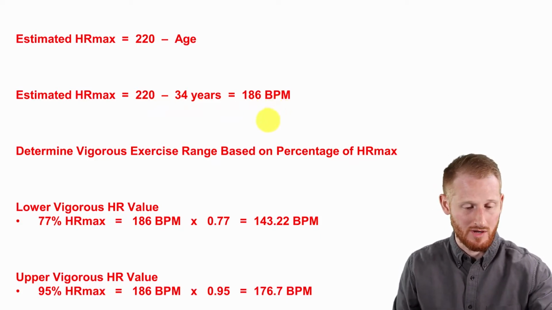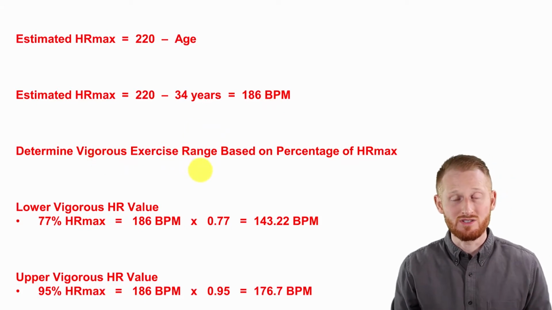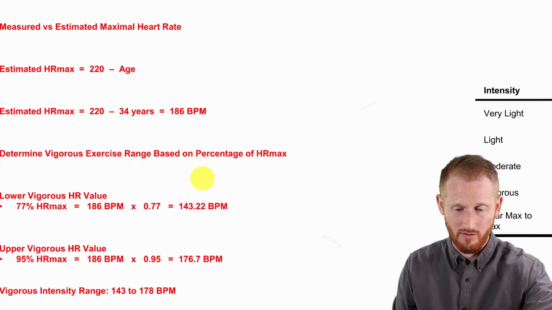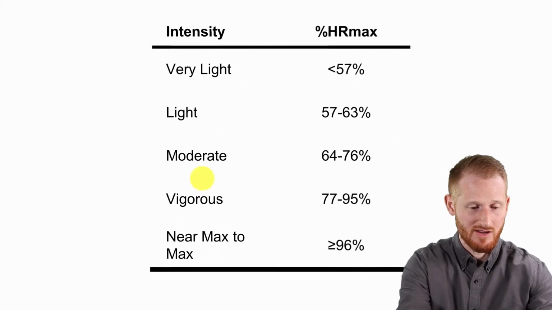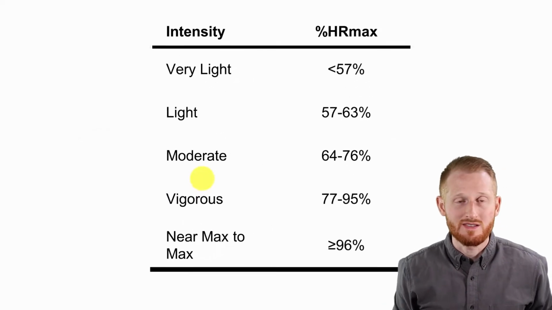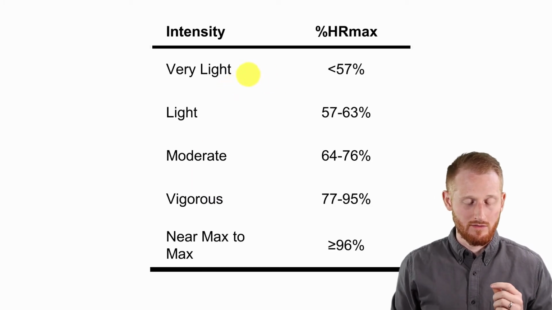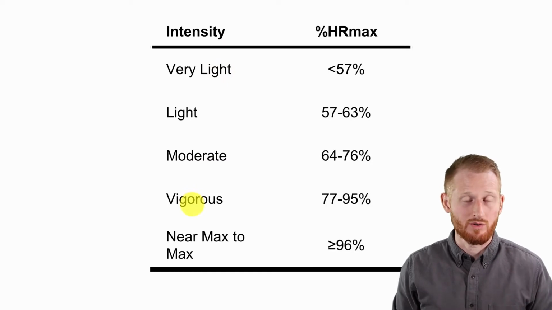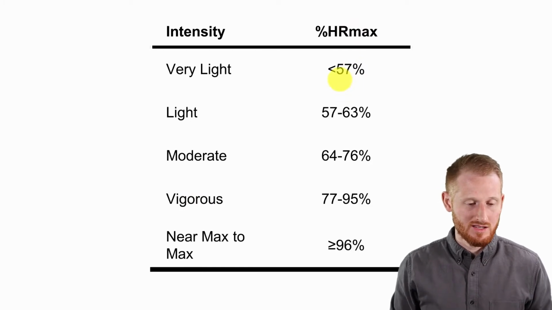We now need to determine what the vigorous exercise intensity range is when using a percentage of maximum heart rate. I have a table over here that we're going to look at together. This is information coming from the American College of Sports Medicine, the ACSM, and we have the various categories of cardiorespiratory exercise intensity, and what percentage of heart rate max is associated with each.